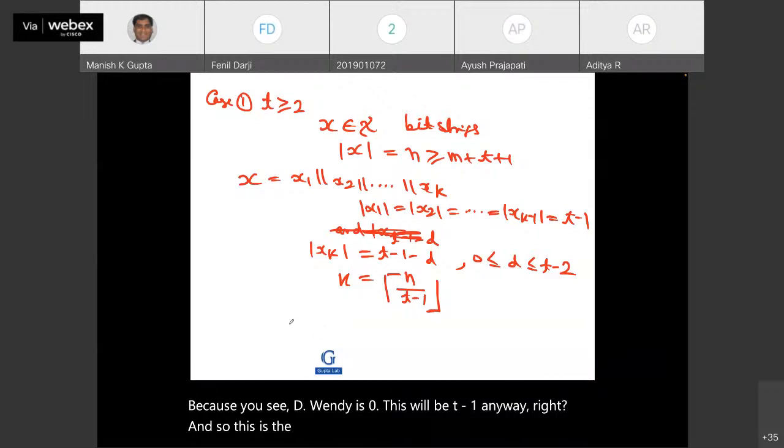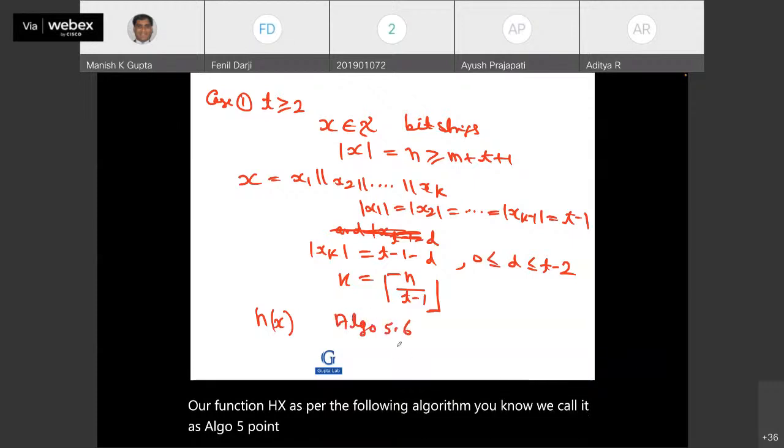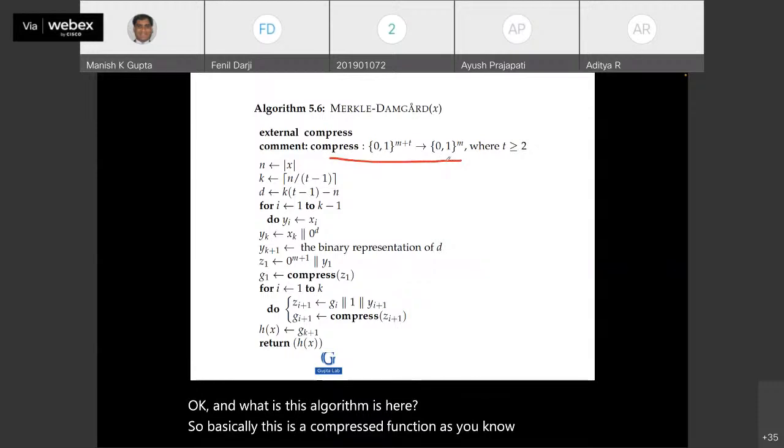Now we define our function h(x) as per the following algorithm. We call it Algorithm 5.6 as per the textbook. Basically, this uses a compress function, as you know, from m plus t to m bits.